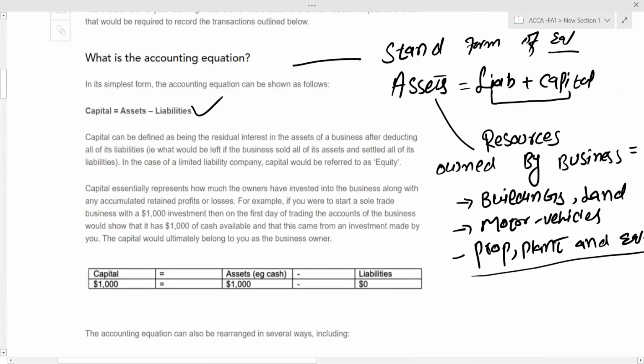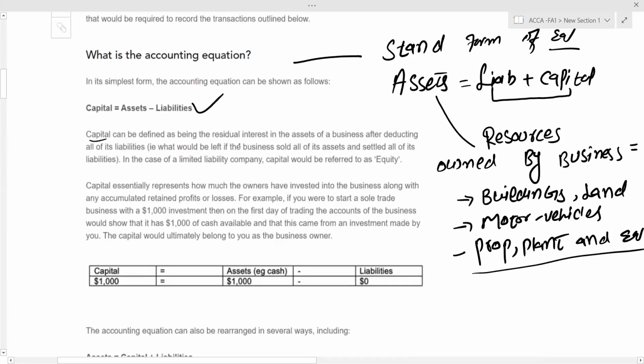Capital can also be defined as the residual interest in the assets of a business after deducting all of its liabilities. That is what would be left if the business sold all of its assets and settled all of its liabilities.